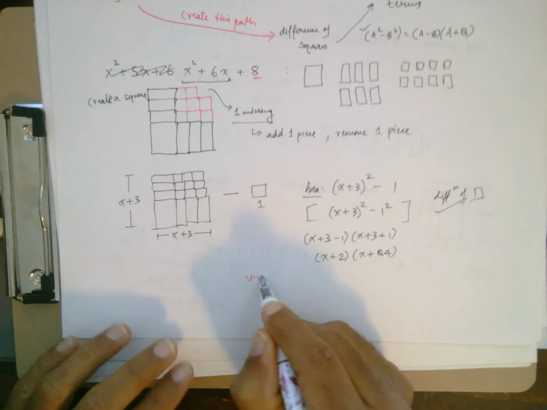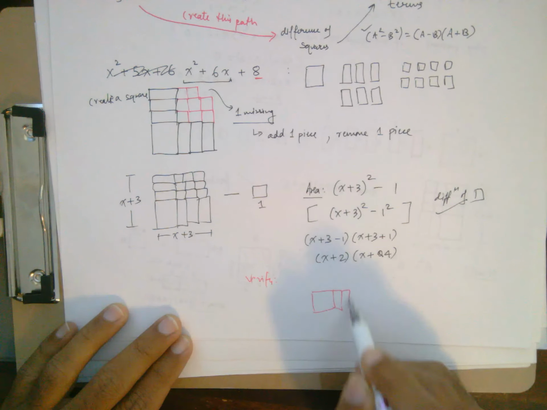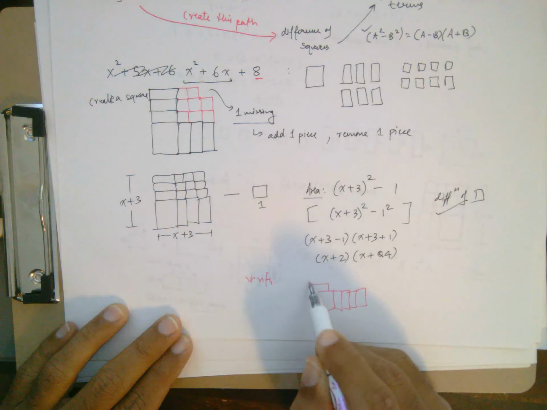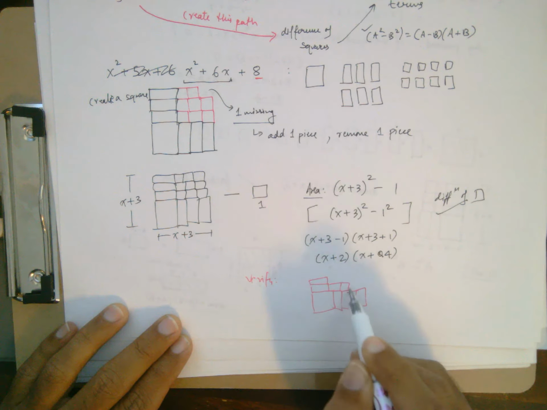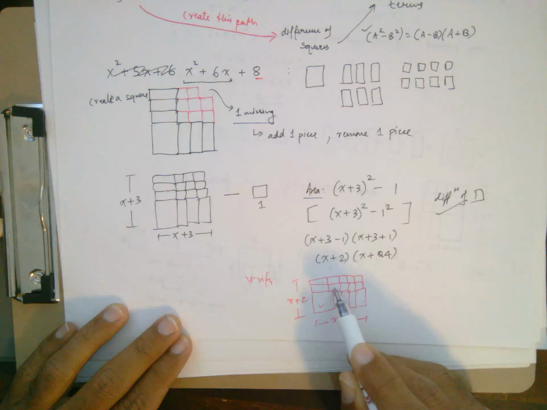I'm using the same number of pieces here because this is x squared, say 4 vertical, 2 horizontal, and they fit in exactly 8 pieces. x plus 4, x plus 2. Yeah, 1 big piece, 6 long rectangles, and 8 small pieces.